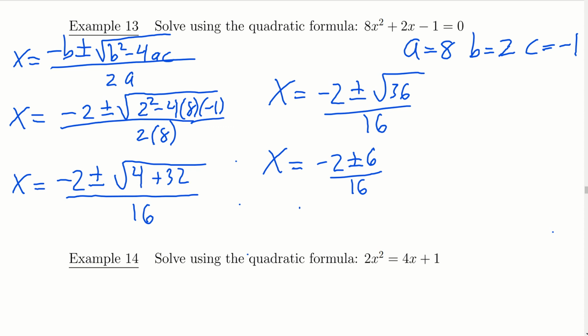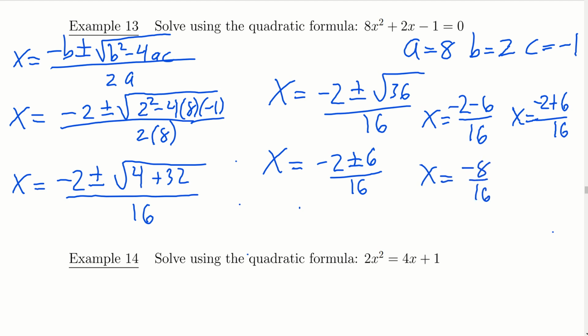And from here, we definitely want to split this apart because we can simplify each of these calculations more. So one answer is going to be negative 2 minus 6 over 16. The other is x equals negative 2 plus 6 over 16. Negative 2 minus 6 is negative 8 over 16.